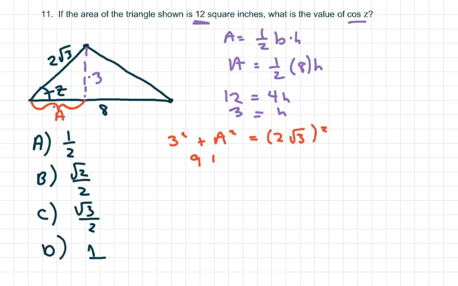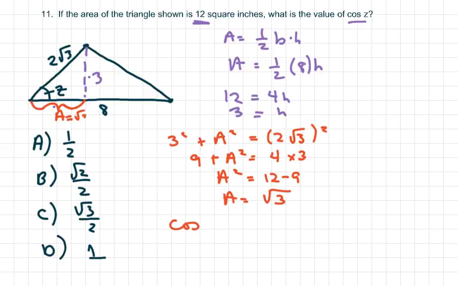So we get 9 plus a squared equals 4 times 3. So a squared equals 12 minus 9. So a equals the square root of 3. So finally we're going to use SOHCAHTOA, and cosine, so this answer here is square root of 3.